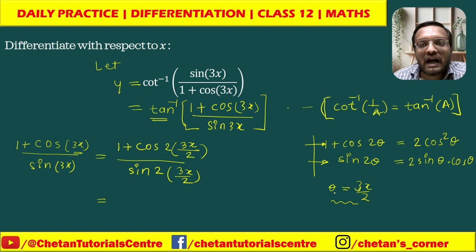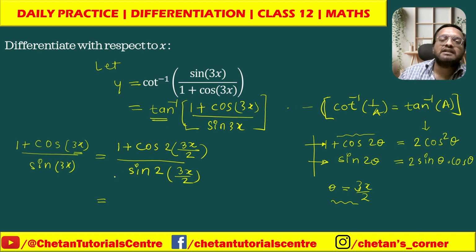Therefore, I will put this value of theta in this RHS, which is the simplified form of this given function. So after substituting this theta in this RHS, the first term is 1 plus cos 2 theta, which is equal to 2 cos square theta, and here theta is 3x upon 2.